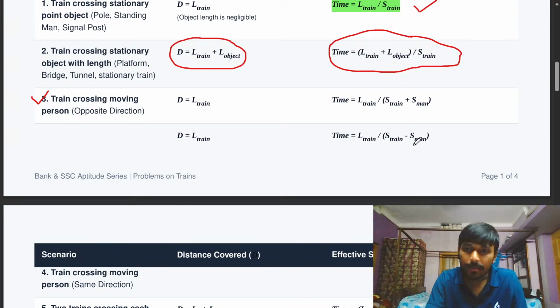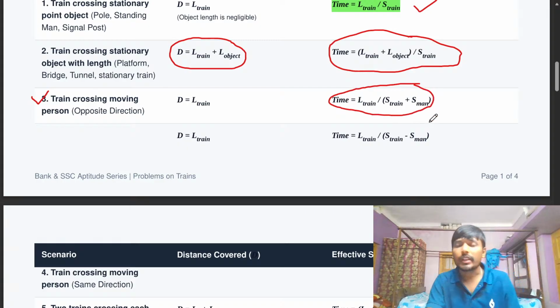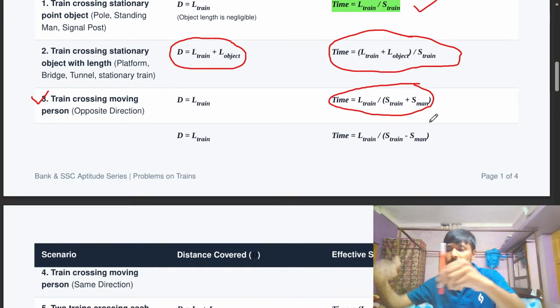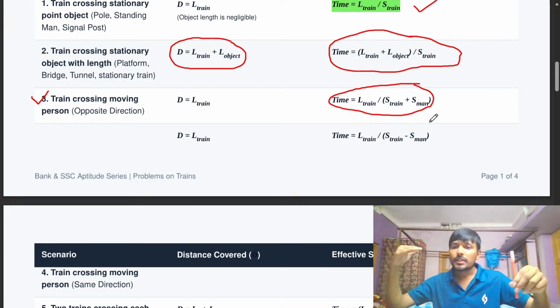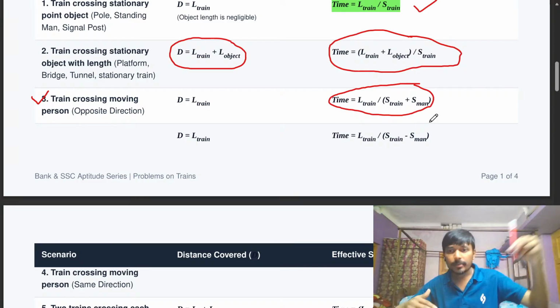So in this case, the formula is time equals the length of the train divided by the speed of the train plus the speed of the man. This man is moving towards this and this train is moving towards this, so total speed is the speed of the train and the speed of the man.